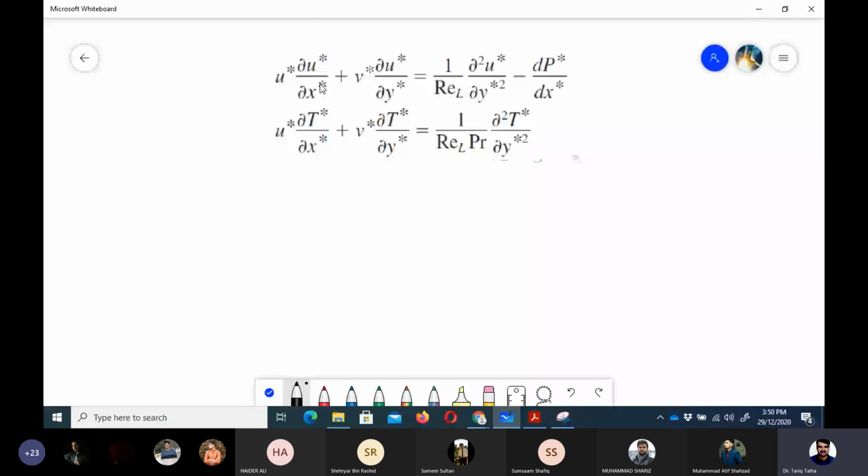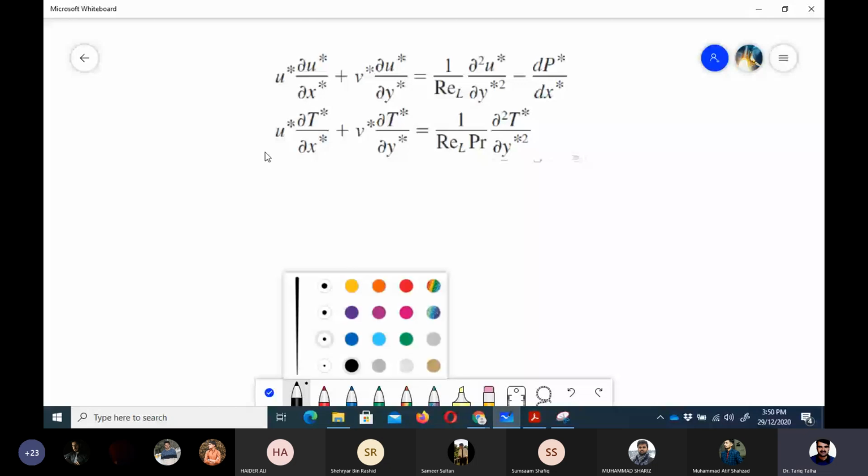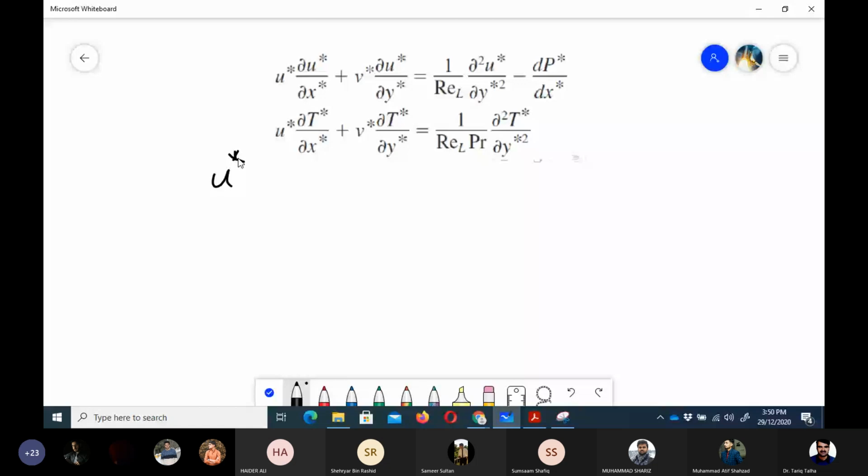So if I write the functional form, u star is a function of x star, y star, Reynolds number, and dp star/dx star.